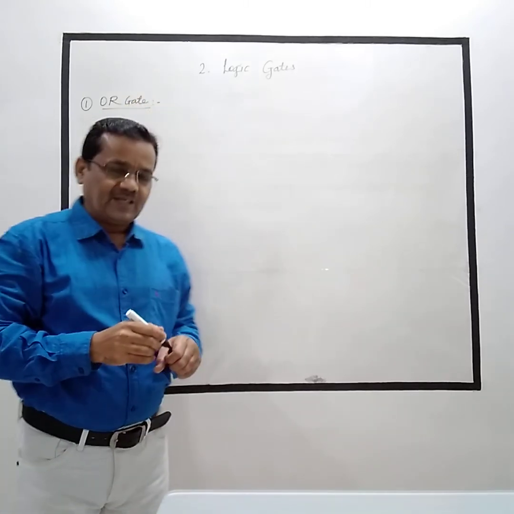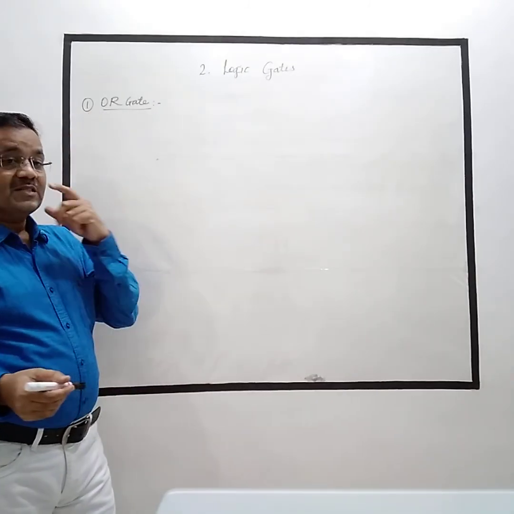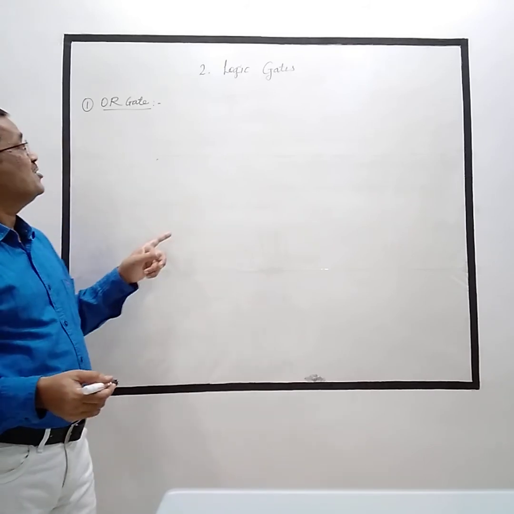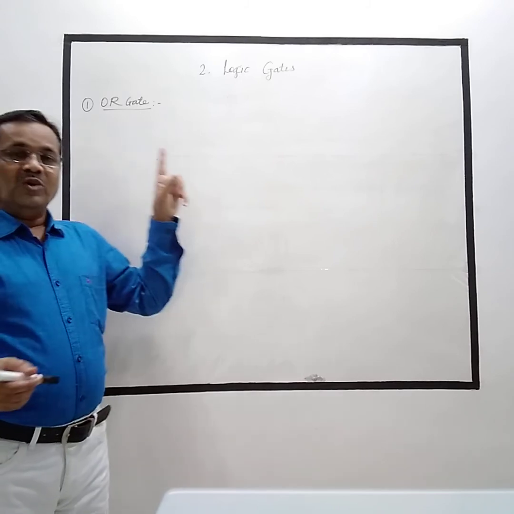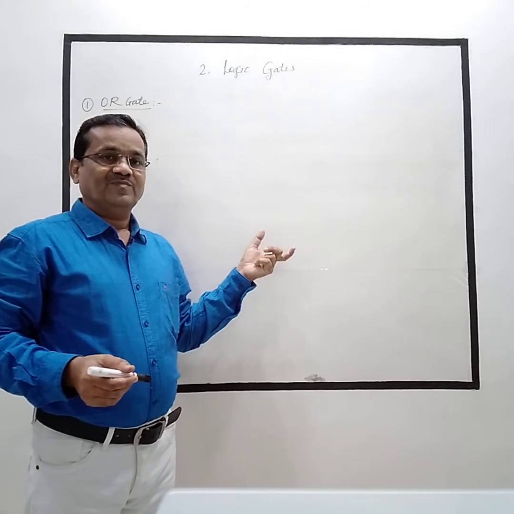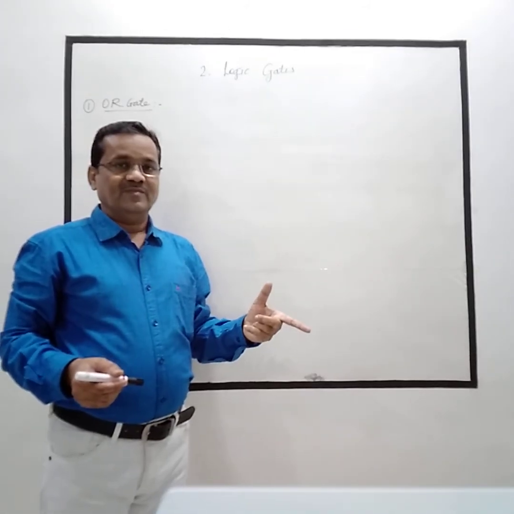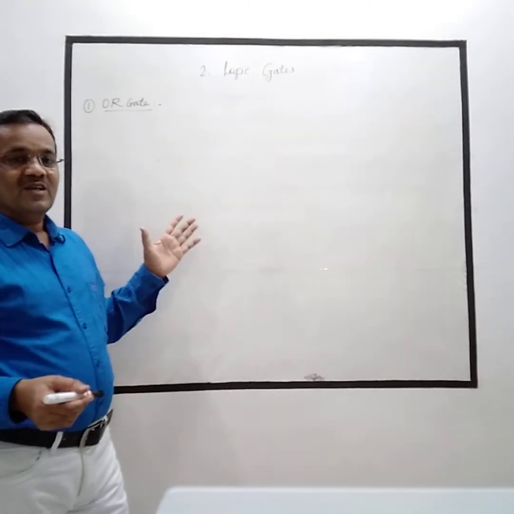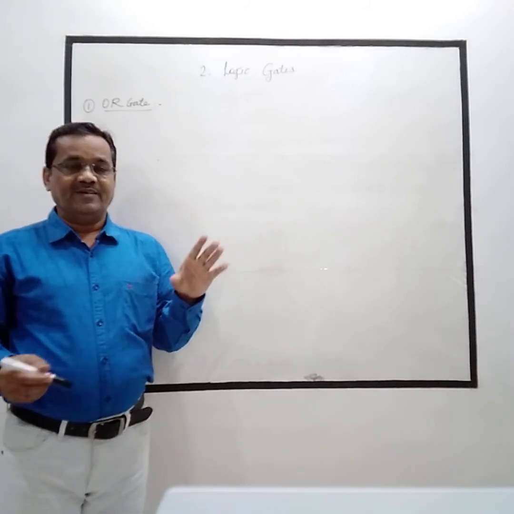Each gate can be explained by means of certain parameters, namely its definition, symbol, Boolean equation or Boolean expression, then truth table and its working. So by using these four different parameters, we can explain each and every logic gate.